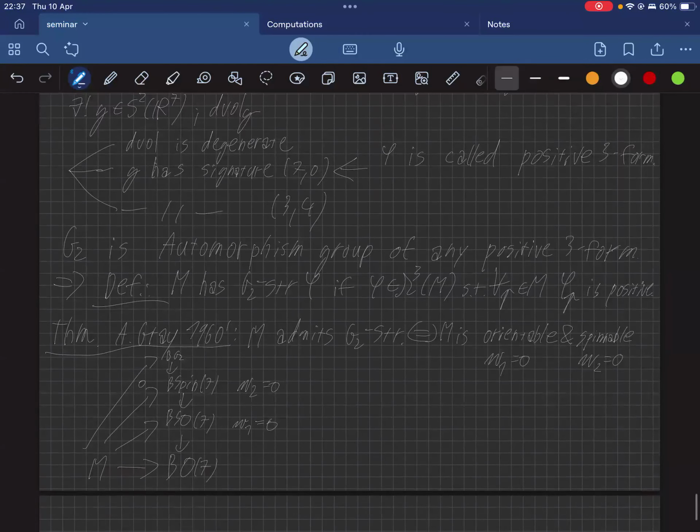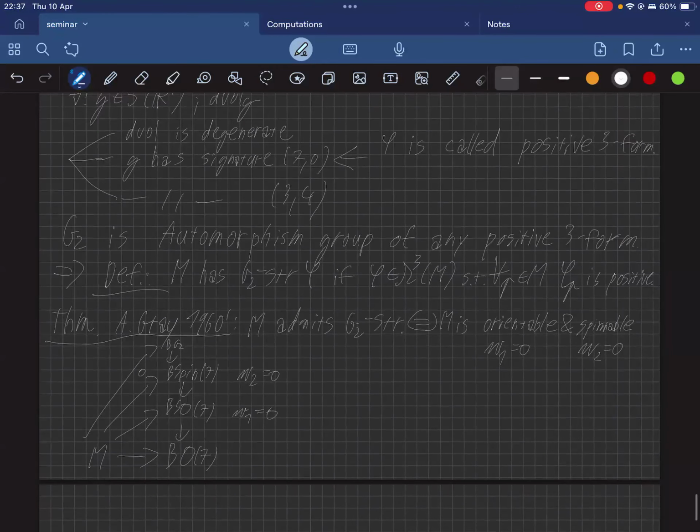What do you mean that M admits a G2 structure? It means that the tangent bundle admits a reduction of the structure group from O7 to G2. And it might also be a subgroup of G2, or it must be the whole G2? It can be a subgroup of G2 for this definition.